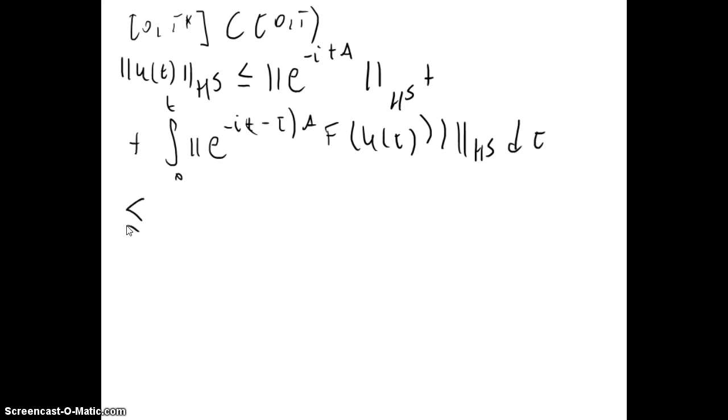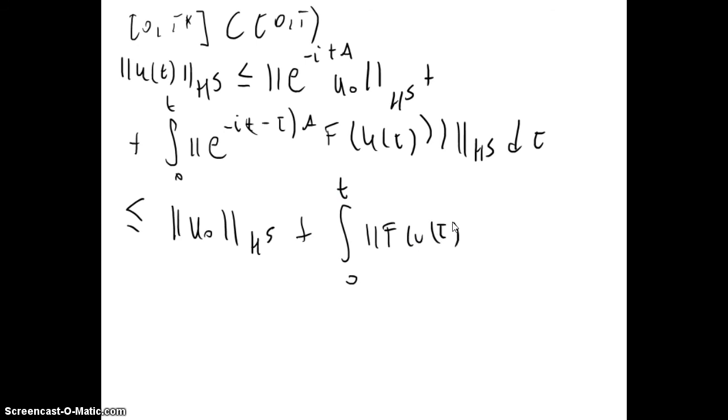This will be less than or equal to, here I forgot u_0, norm of u_0, okay, it's a unity, because this is a unitary group, plus, once again, a similar bound, the nonlinear term in H^S, d tau. And now we are going to use lemma 3.